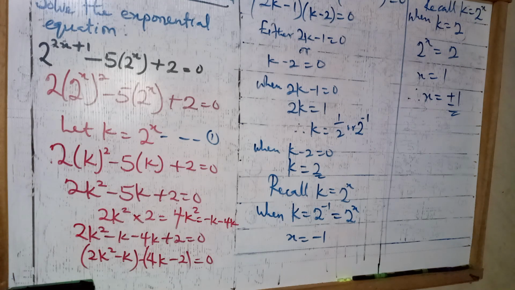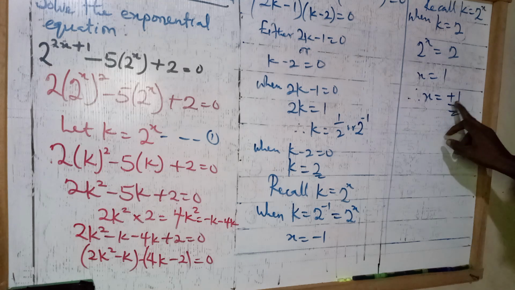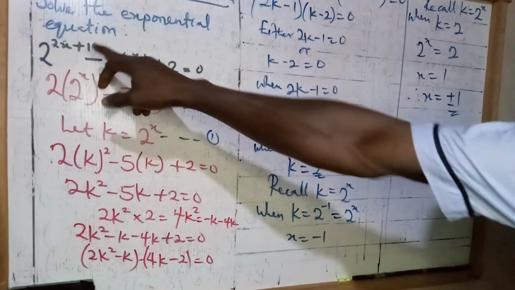Of course, we can cross-check what we have done, whether it is right or not, by substituting the value of x equals plus 1 or minus 1 into the original equation.